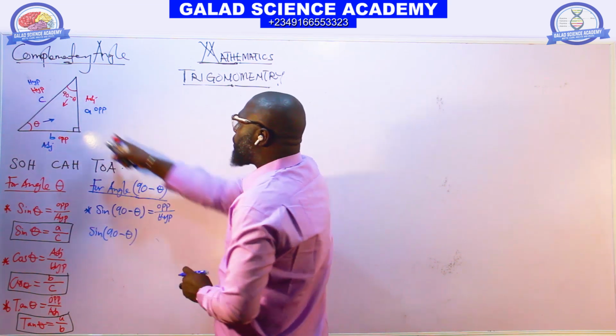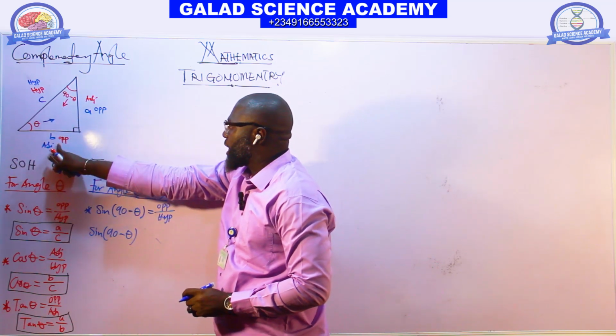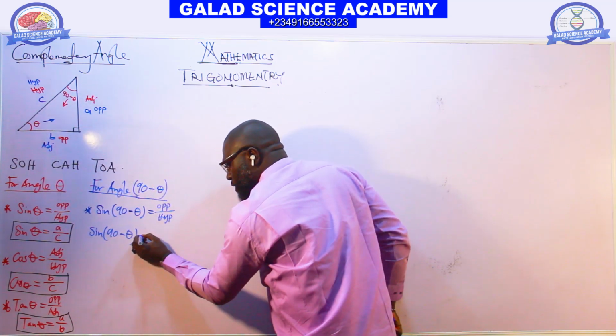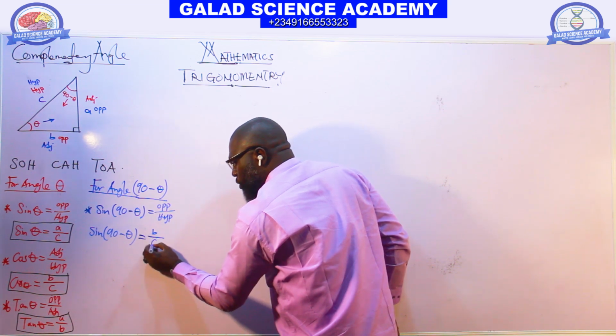What is opposite for this 90 minus theta? It is B. We have B over C.